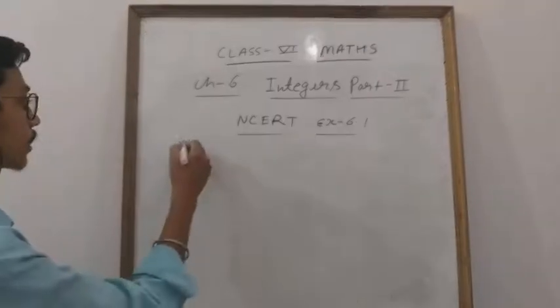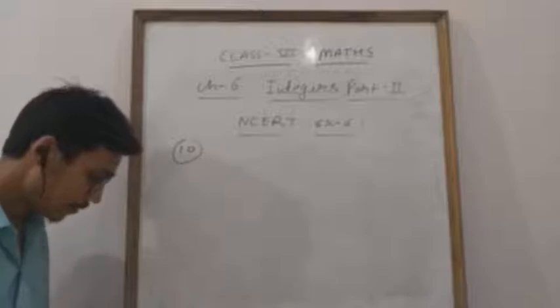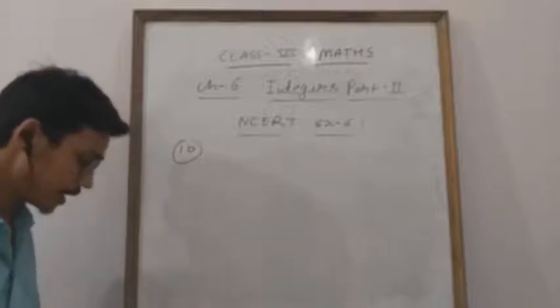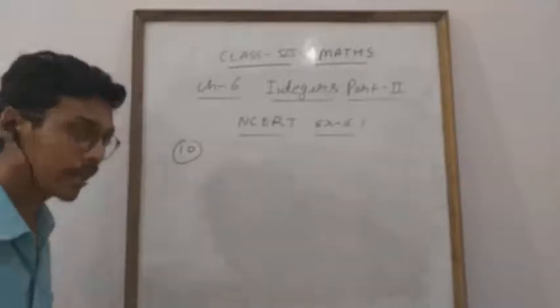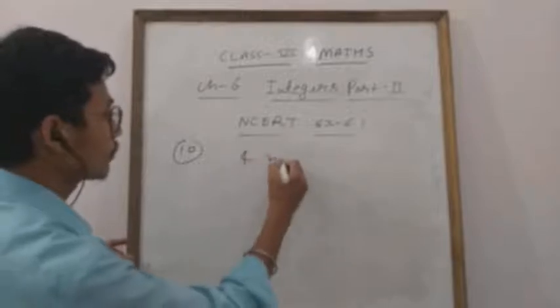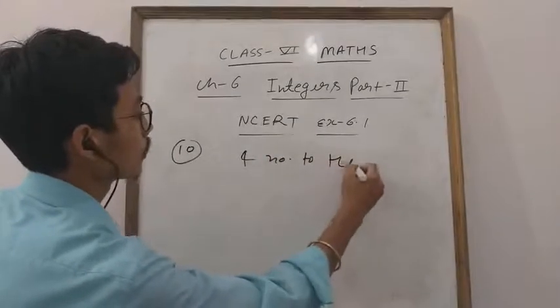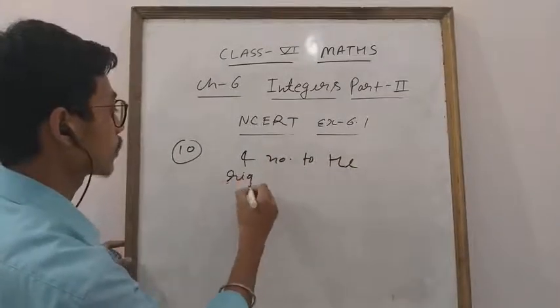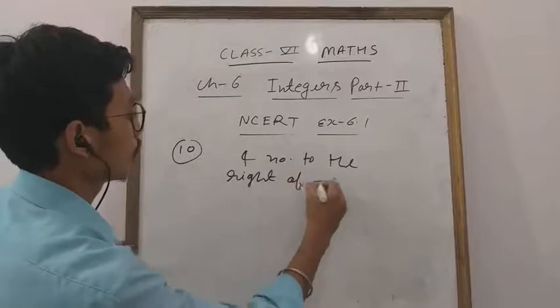Tenth question, student: which number will we reach if we move 4 numbers to the right of minus 2? See very carefully, student, 4 numbers to the right of minus 2.